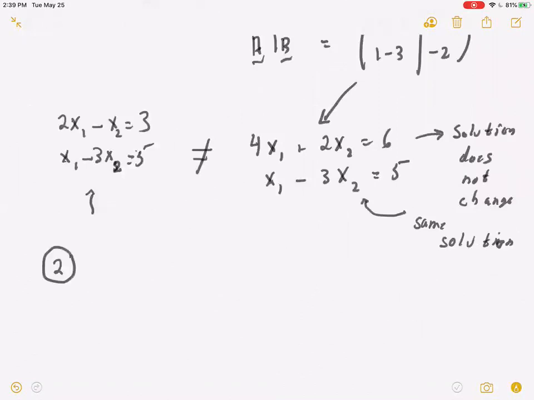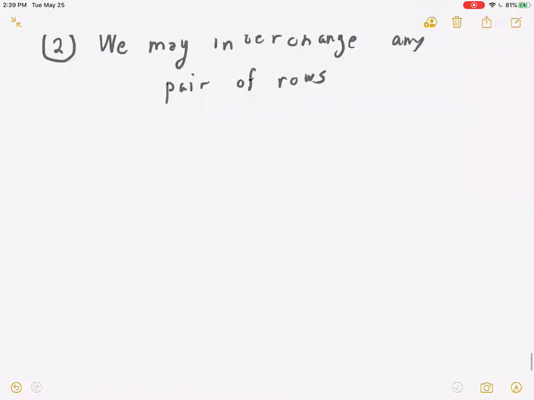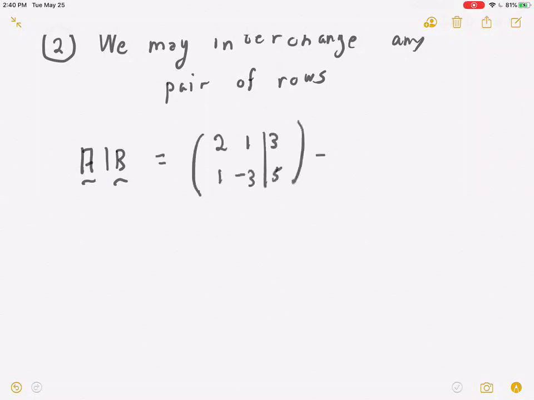Okay, the second elementary row operation that we want to define and illustrate is as follows. We can interchange any pair of rows. So again, starting with the same example, here's the augmented matrix for that problem we started out with. It's going to look as follows. And what I want to do is interchange, so I'll write this down over the arrow.